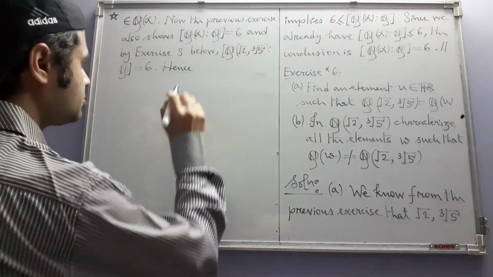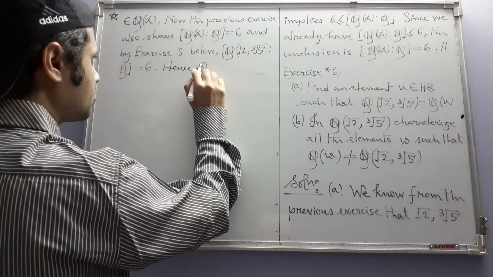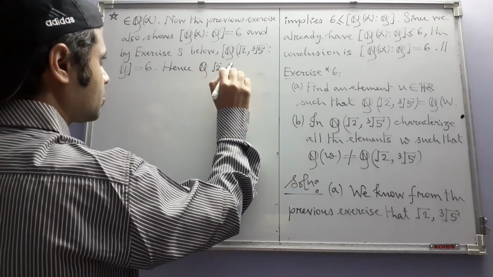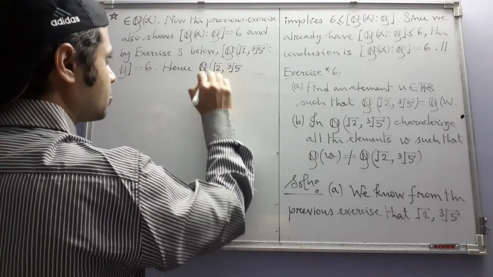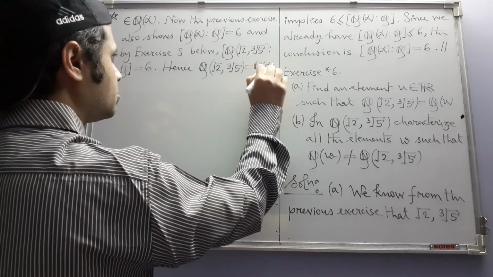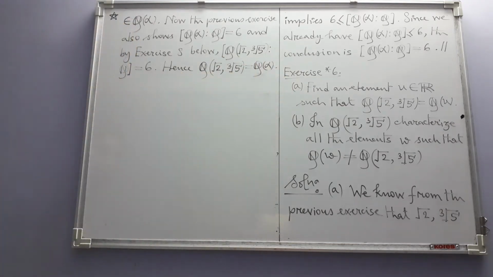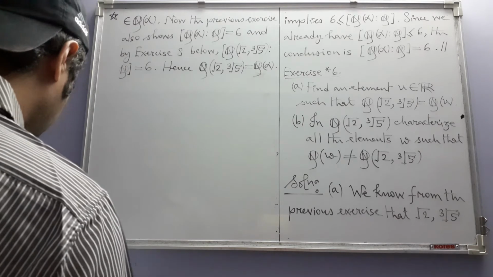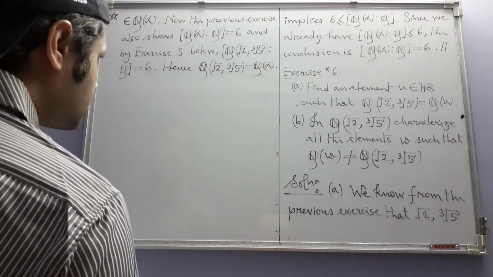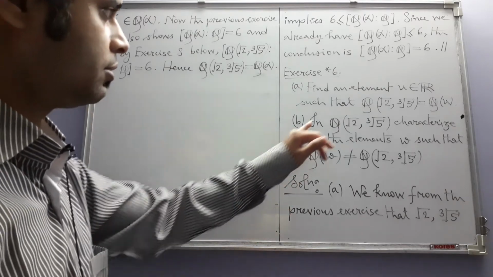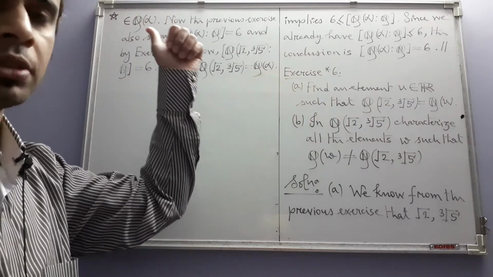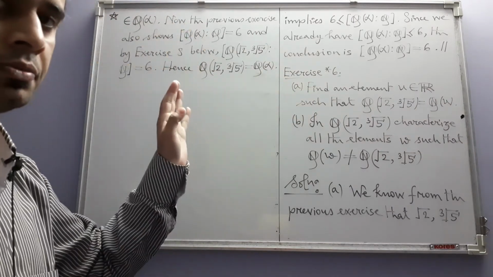Hence, this is equal to Q alpha. Okay, so this is the conclusion. And that's it. That is the first one. We had to find a u, so alpha from the previous exercise is one such u.